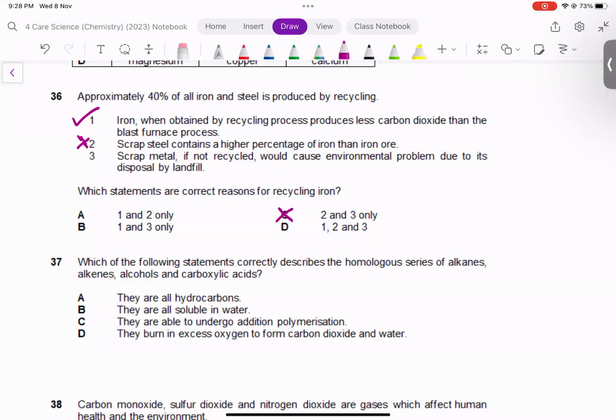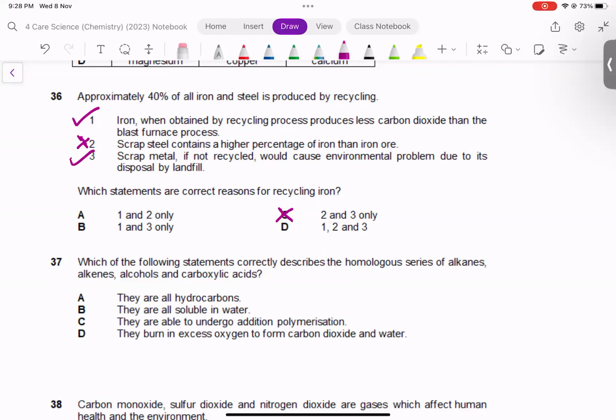Moreover, the scrap steel is probably obtained from an appliance, an object, which is not just made of steel. Scrap steel probably contains other materials other than steel. Take for example, scrap steel may come from your cars. Your cars also contain things like paint, plastic. So all this forms part of the scrap steel as well. So ultimately, scrap steel may not contain a higher percentage of iron.